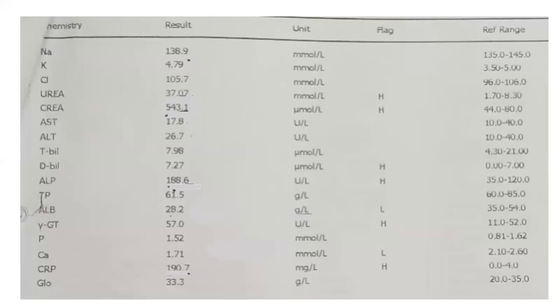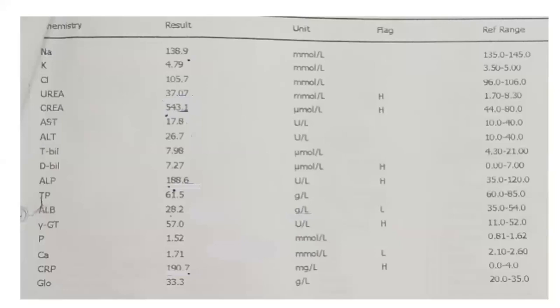LFTs are our key concern. We talked about albumin, which is a measure of protein. We see in this image, based on the clinical presentation that we projected earlier, that the child had generalized edema. So that's why we see that the child has what? Hypoalbuminemia, meaning low albumin levels.